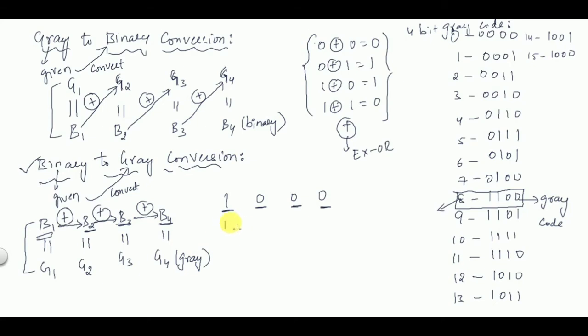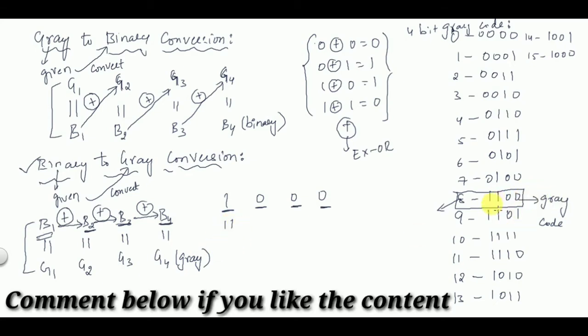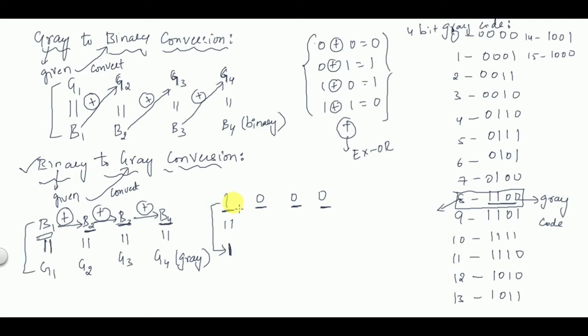If we convert that into gray, we'll see whether we get the same result or not. We write the same value for G1, since B1 is equal to G1. G2 is B1 XOR B2, so 1 XOR 0 is 1.